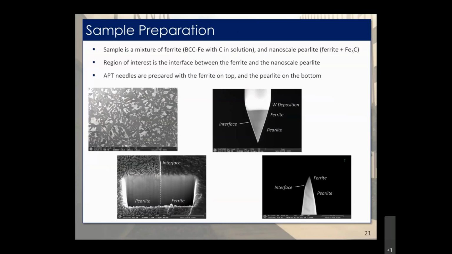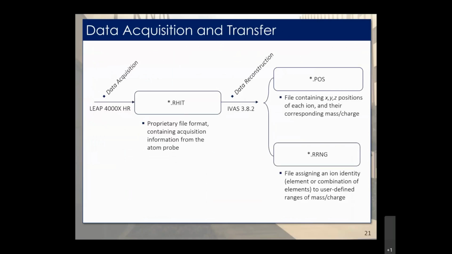Since we were, of course, seeking this very fine feature of interest, we made our sample using the FIB. We created our lift out such that we had our ferrite at the top and our nanoscale pearlite at the bottom. We ran our acquisition, collected a good amount of data, and now we're ready to do our reconstruction.